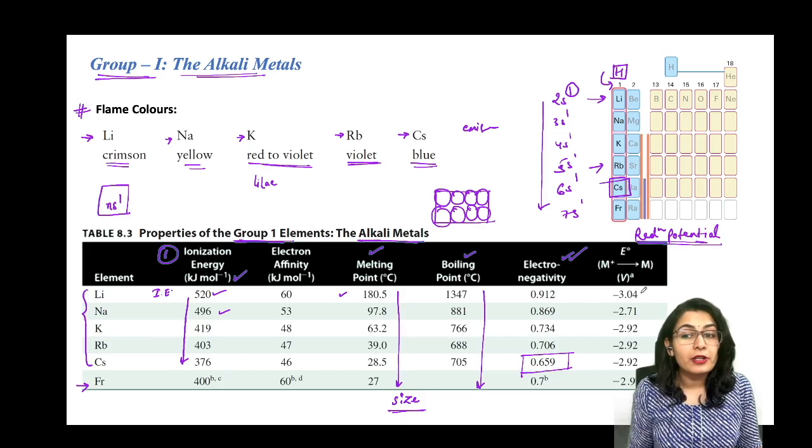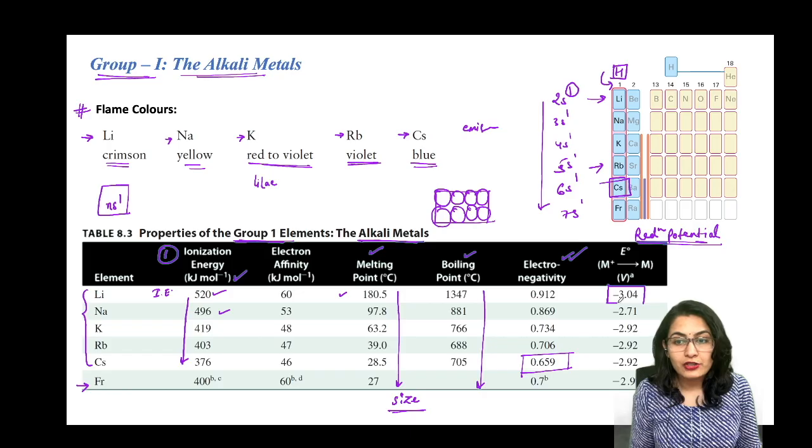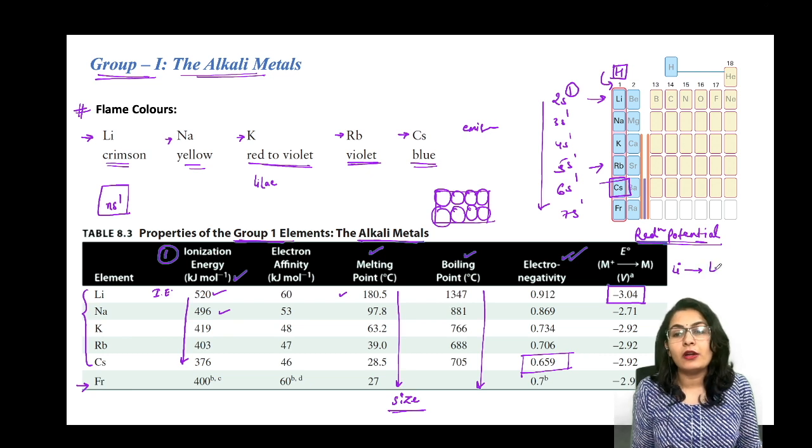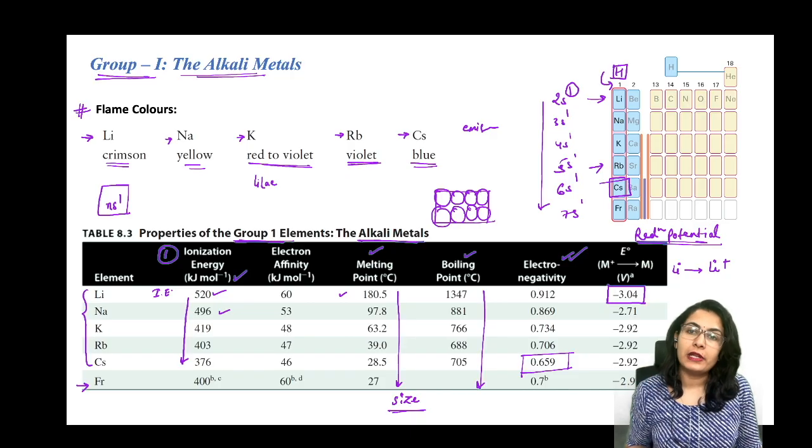But you see, for lithium, you have the most negative reduction potential. Why? Because lithium does not want to be reduced, it wants to be oxidized to gain a helium noble gas configuration. If it loses an electron from over here, it goes to helium. So lithium plus has achieved the duplet. It's very stable.